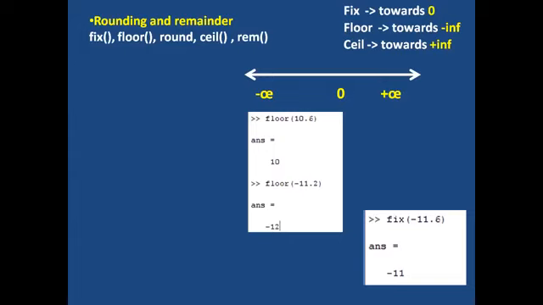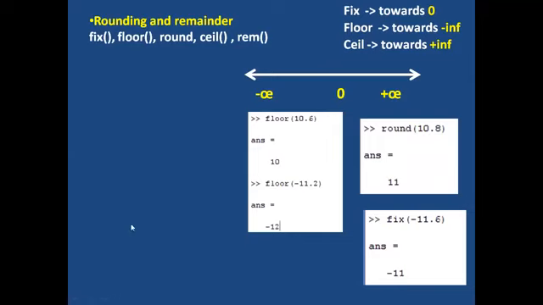So before 10.6 you have the value 10, and you will get the answer 10 because it moves towards minus infinity. And then floor of minus 11.2. Here we have minus 11, minus 11.2, and then minus 12. Floor moves towards minus infinity, so you will get the answer minus 12.